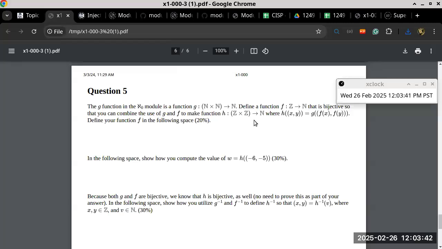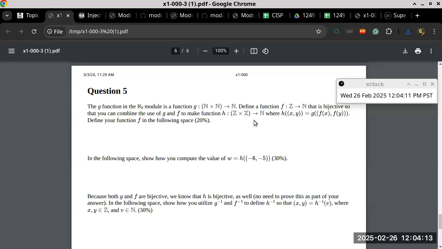The G function in the Aleph No module is a function G from the Cartesian product of N, that's the domain, that maps to just the set of natural numbers. Define a function f that maps from integers to natural numbers that is bijective, so that you can combine the use of g and f to make a function h so that h has a domain of the Cartesian product of integer to natural number.